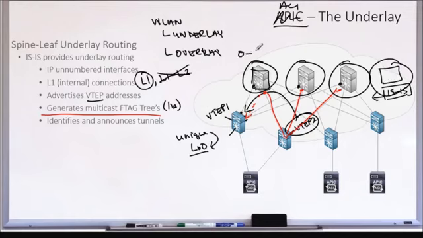This guy may be 0 through 3, this guy 4 through 7, this guy 8 through 11, and this guy 12 through 15. Each one of those would have an equal distribution of those F-tag trees. Of course, if you have an odd number, some are going to have more than others. But again, this is how we route a lot of that multi-destination traffic within the ACI fabric.